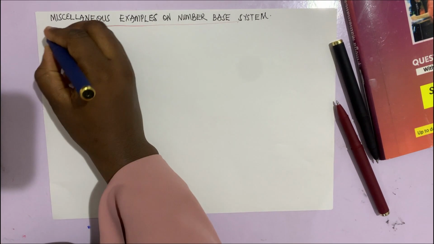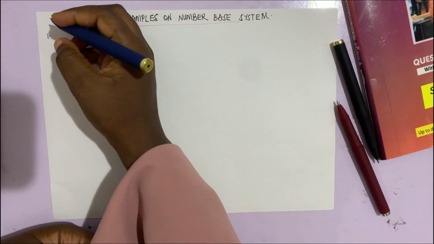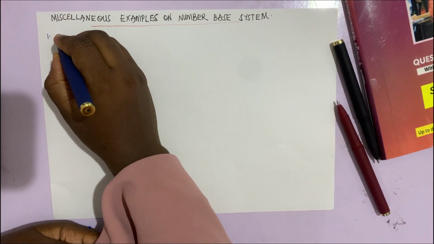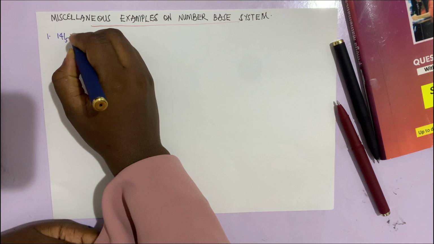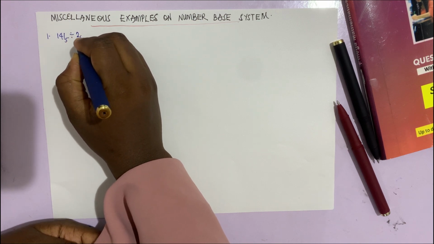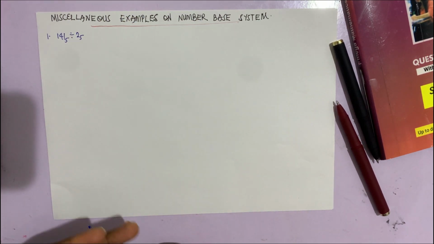Question 1 from the assignment is to solve 141 base 5 divided by 2 base 5. The first thing we want to do is convert this to base 10.